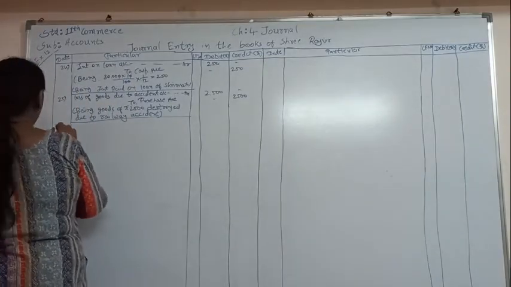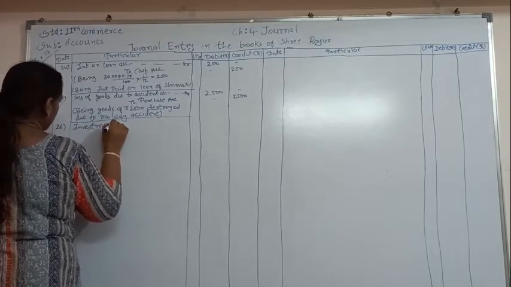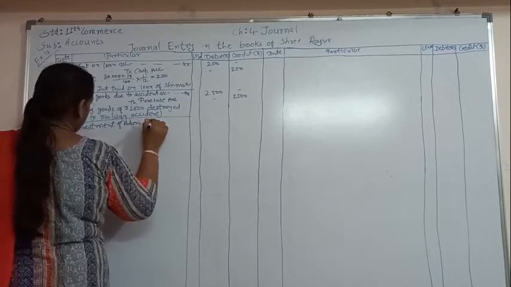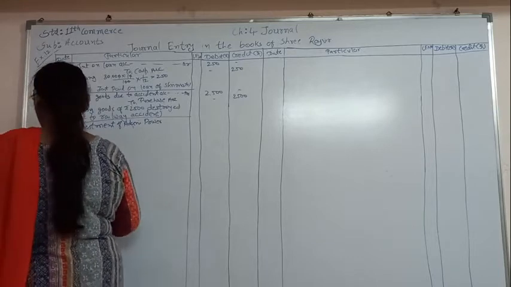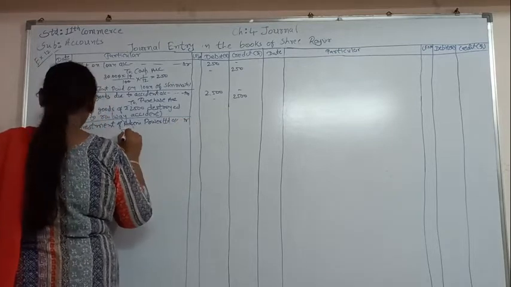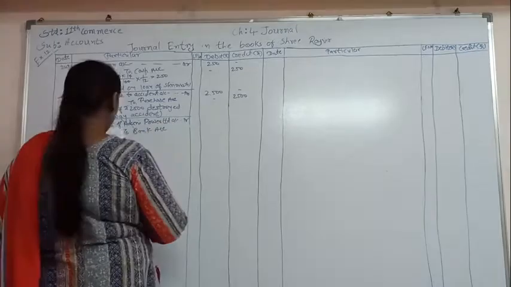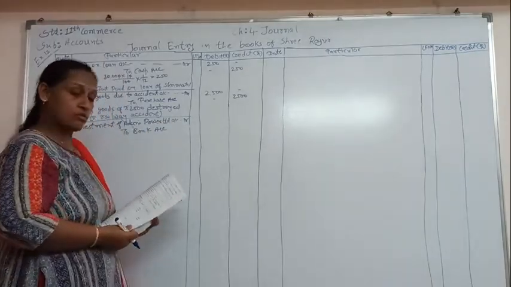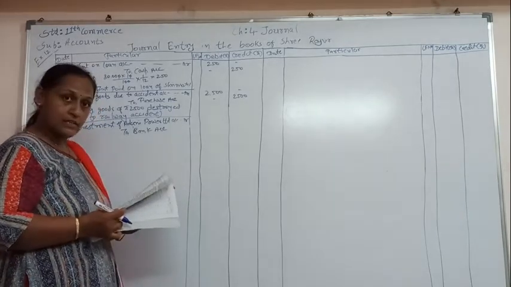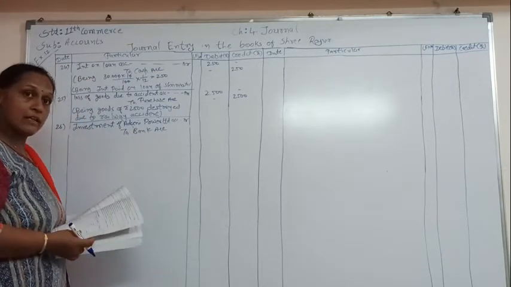The journal entry that we are supposed to pass is investment of Adani Power Limited account debit to bank account, and the amount will be 50 rupees into 300, that will be 15,000, and on that brokerage is 2%. So 2% of 15,000, that will be 300.